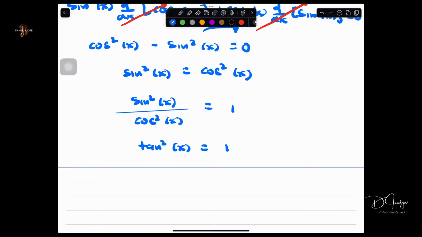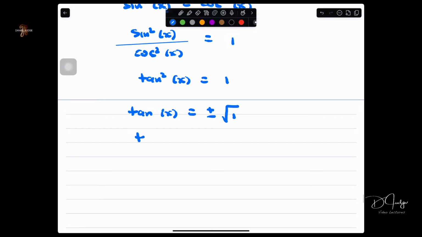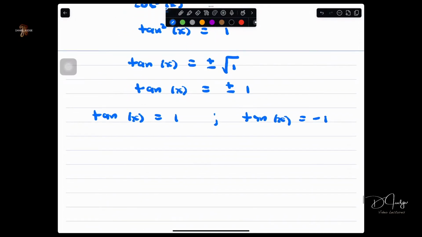So tangent squared will be 1, which means tangent by the square root formula is plus or minus the square root of 1, or simply, tangent will be plus or minus 1. So there's two solutions. Tangent is positive 1. Tangent is actually negative 1.